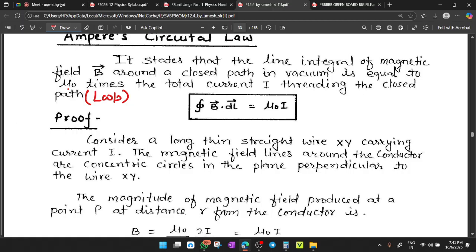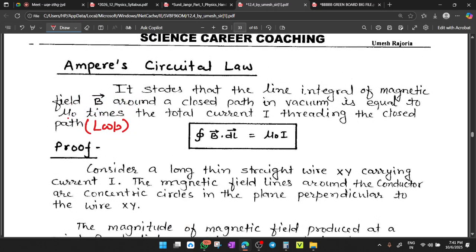It states that the line integral of the magnetic field B, and as the loop is closed, you have to use a circle on the integral sign. This integration is for a closed loop. When you integrate through an open loop, you place only the single integral sign, but for a closed loop you place a circle over the integral sign.